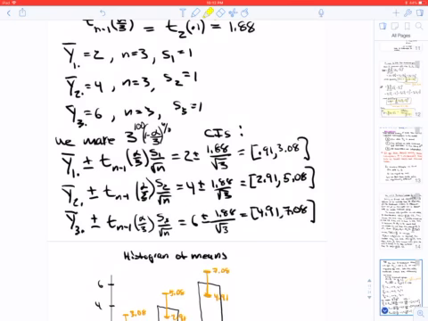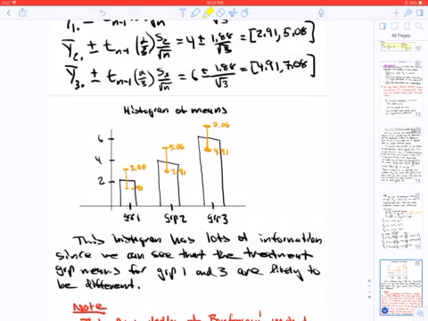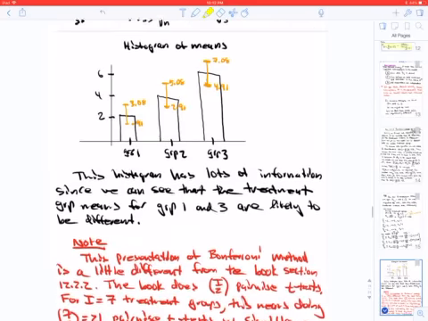And so we get three 90% CIs. If you make a histogram of the means, as shown here, what you can see is that group 1 and group 3 don't have overlapping 90% CIs, and so it's fairly unlikely that they have the same mean.